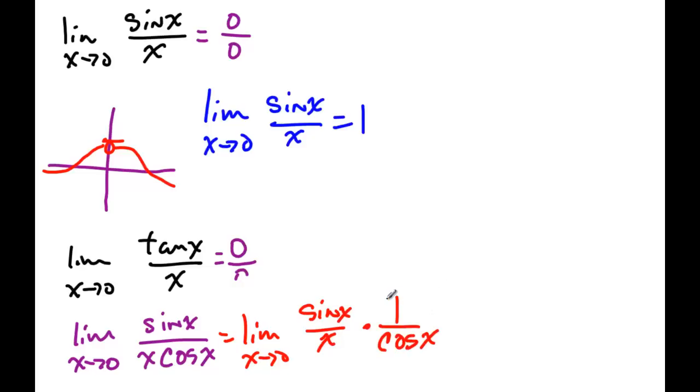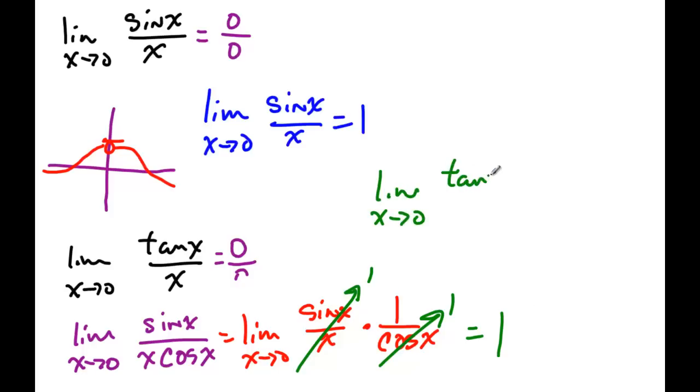Well, we know from what we've just stated that this is equal to 1. And from our previous work, we know that cosine of 0, if we substitute in, is going to equal 1. So the overall value is 1. So we can draw the conclusion that the limit as x goes to 0 of tan x over x equals 1. All right, that's pretty straightforward.